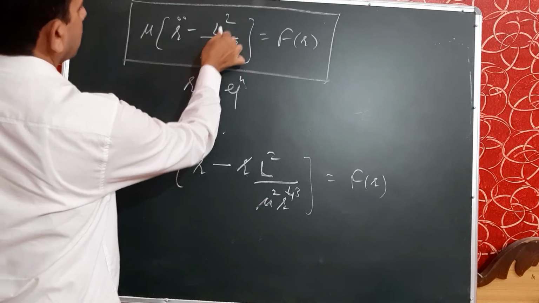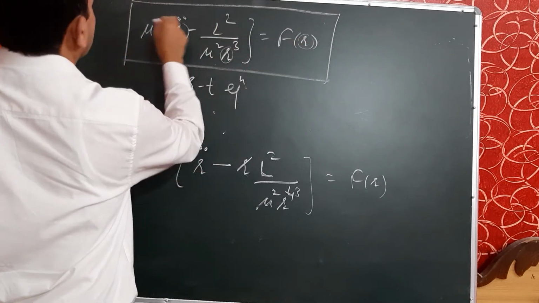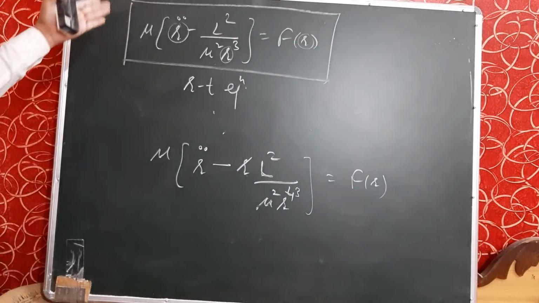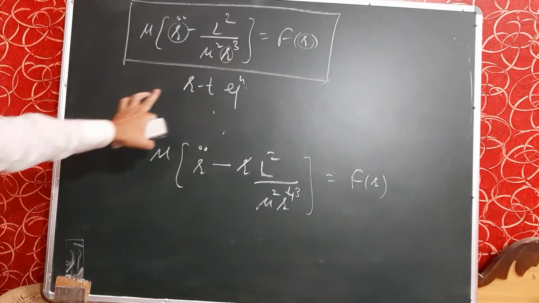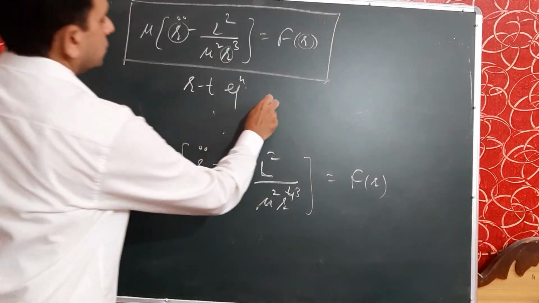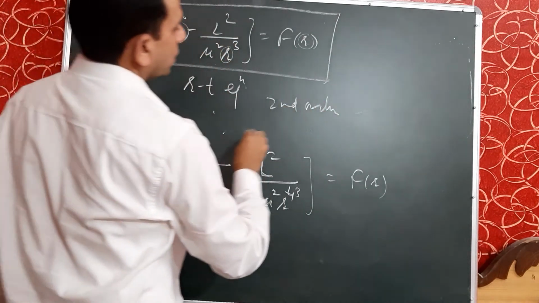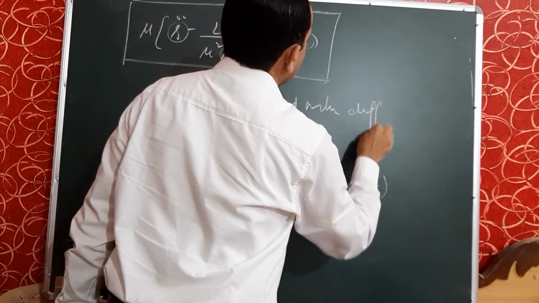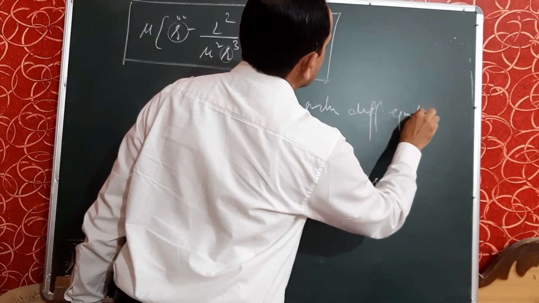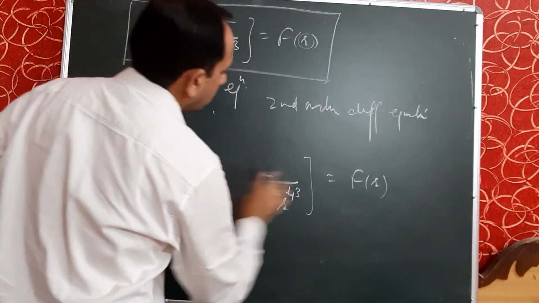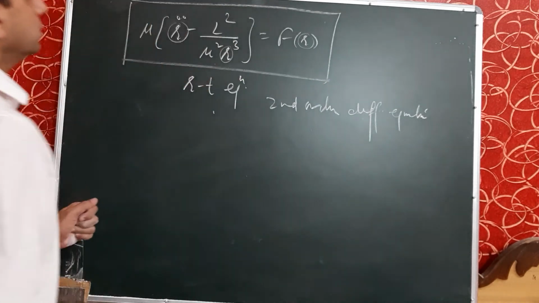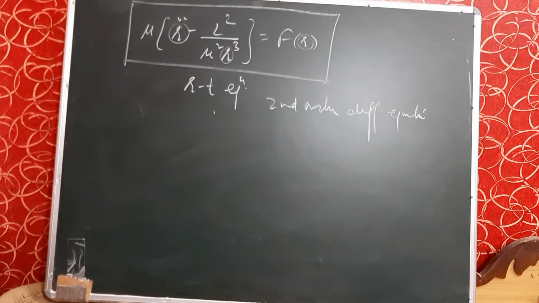Because r is a variable, the others are constant, and the double derivative is with respect to time. So it is a second order differential equation of the particle moving under central force or inverse square force.